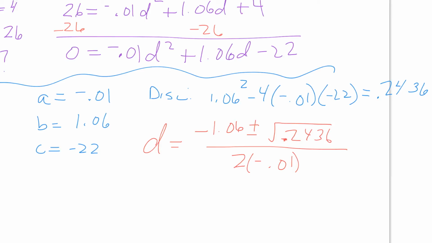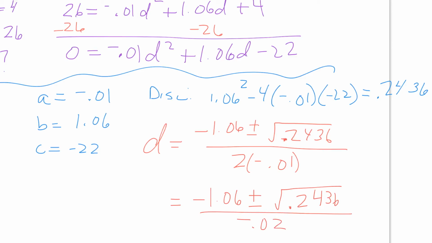If I multiply the bottom out, 2 times negative 0.01 gives me negative 0.02. So this is negative 1.06 plus or minus the square root of 0.2436, all divided by negative 0.02.